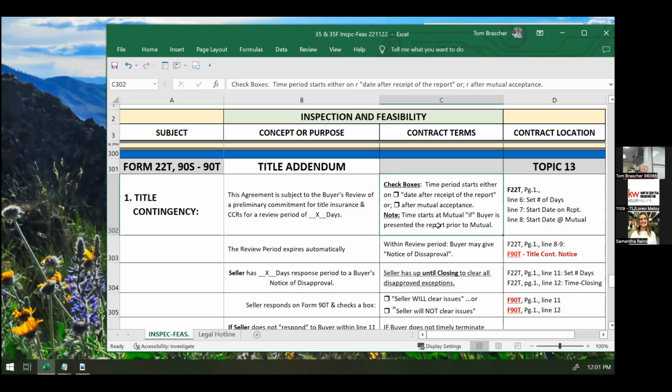And so that's something where, as a buyer broker working with your buyer, you just want to know that if you're using this addendum and want it to start after they receive the title report, I've seen title reports change because sometimes the listing broker gets the title report and the listing might be 6 months old. And then by the time you get mutual, there may be some changes on that title report.